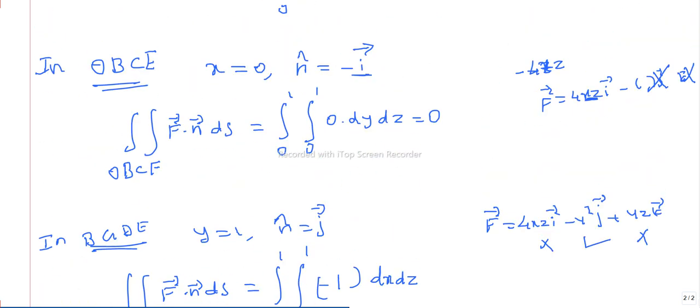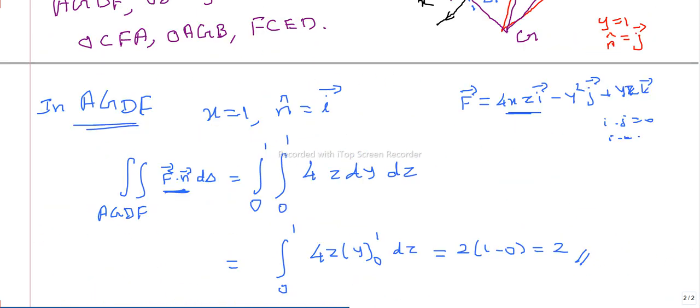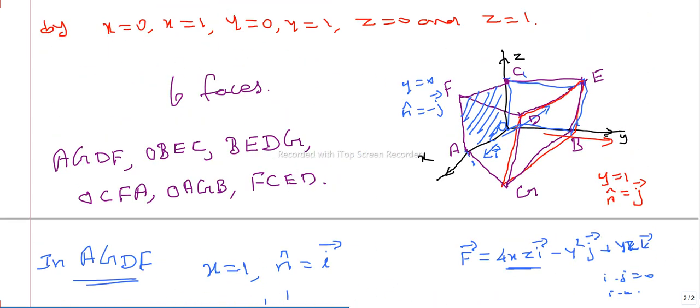Now what are the remaining things? The bottom and then the upper side. If you take the bottom, z is 0. First you take the upper side, this region, where z equals 1 along the direction k.